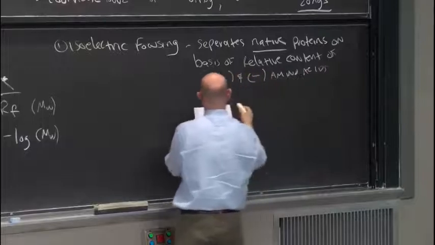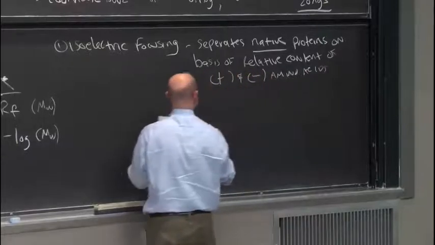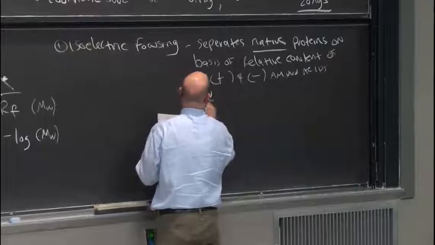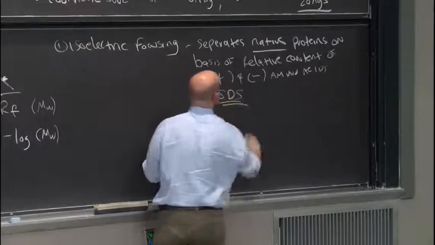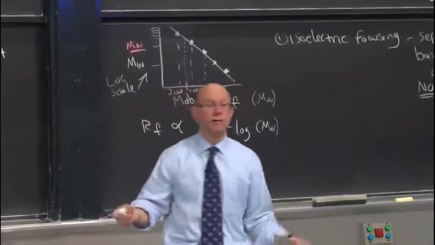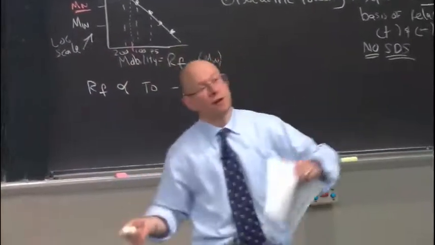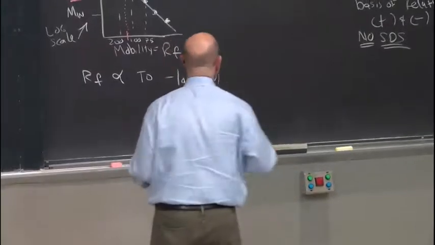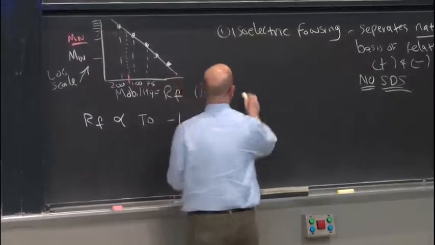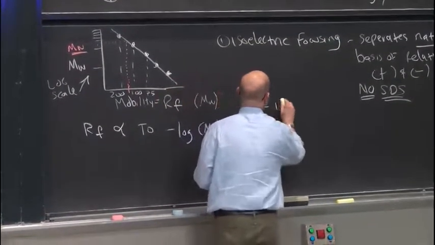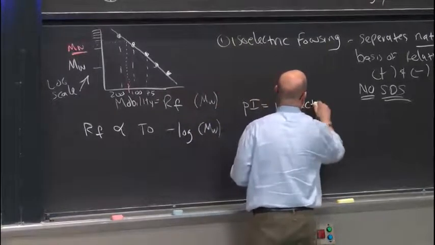So, no SDS. I'm not going to use SDS at all. Now, you would agree that all proteins are going to have some mix of positively charged amino acids and negatively charged amino acids. And so I want to define a new term. We're going to call this the PI, which is the isoelectric point.